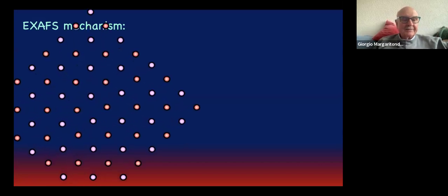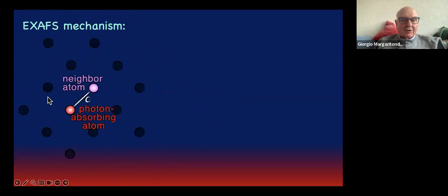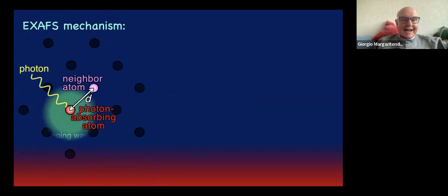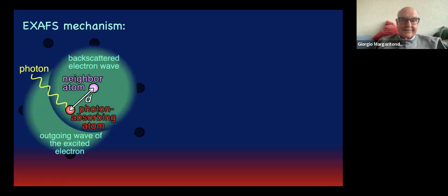So let's zoom, and we focus on one photon absorbing atom and one of the atoms that is in the neighborhood of this one. We send a photon, the photon excites an electron, and there is an electron wave. This is an electron wave that is emanating from the absorbing atom and going into the neighbor atom, and there is going to be backscattered.